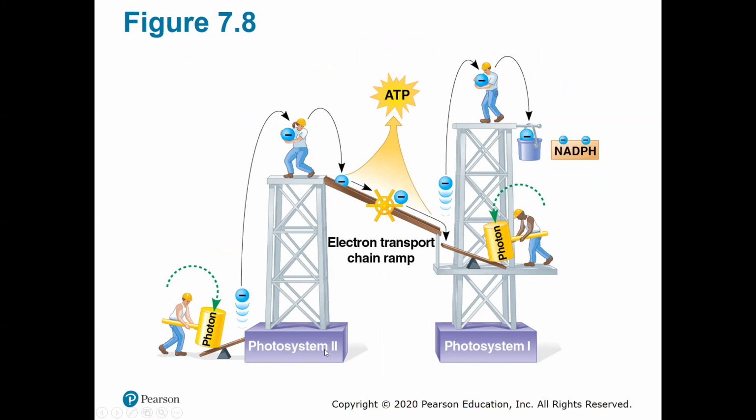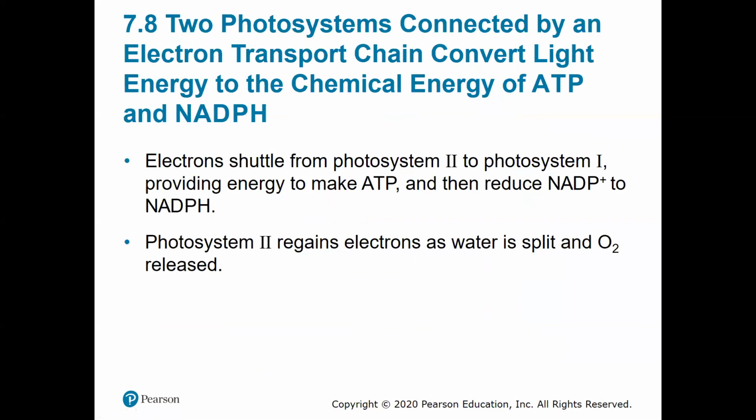So that's the reason why their names are given the way they are. Photosystem 2 is actually the first system that occurs in the cycle in the transfer of the electrons, but it was the second discovered. I kind of wish they would just drop the numbering system on the photosystems, but here we are.